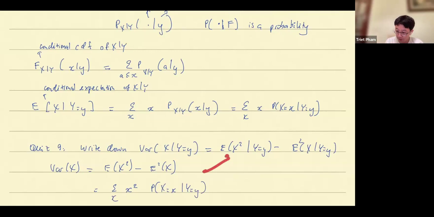So again, you see it all works with the conditional distribution. The other formulas follow the same way. And then the sum squared, like that. That's conditional variance.